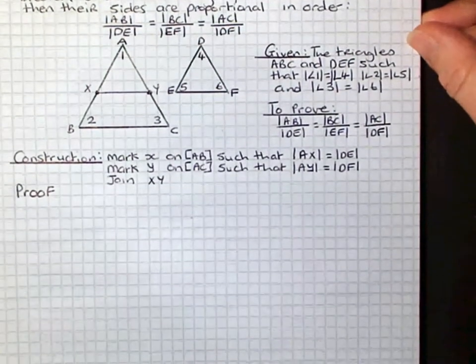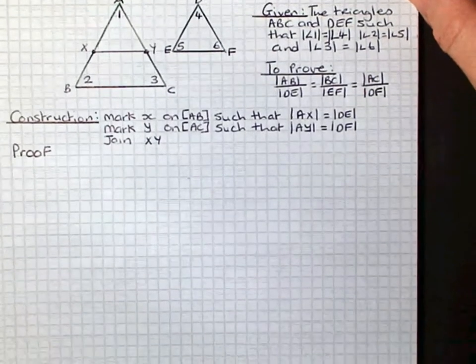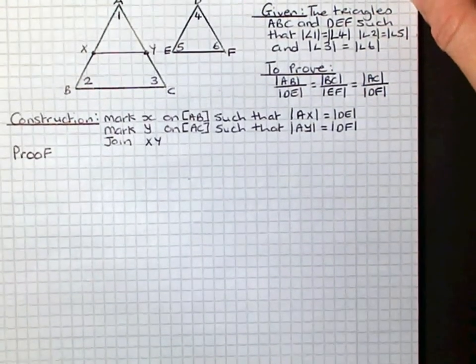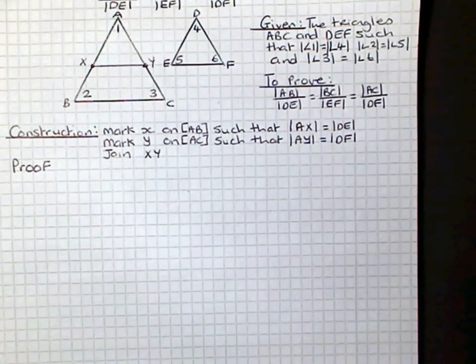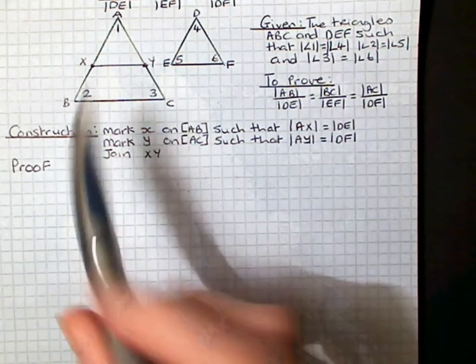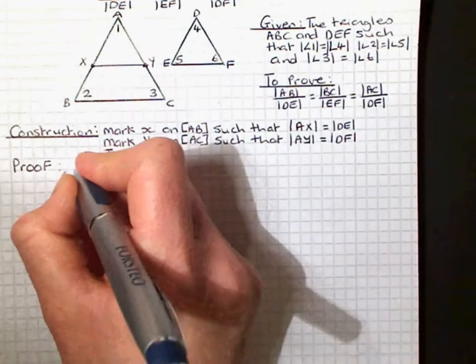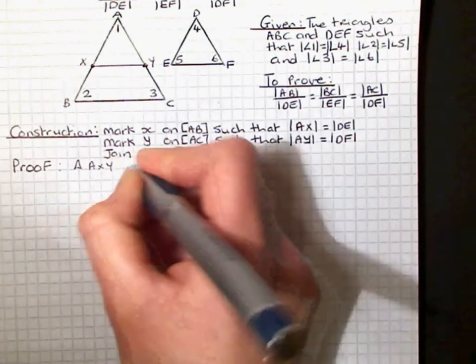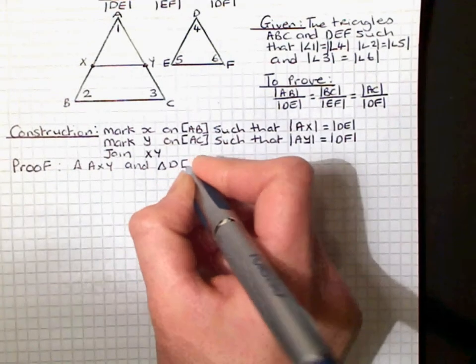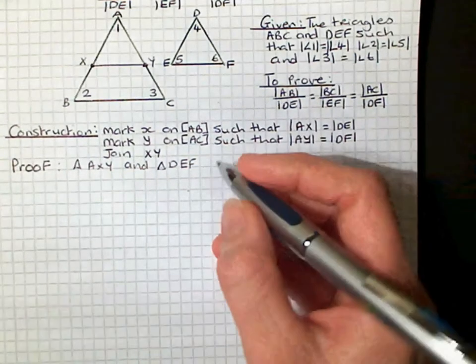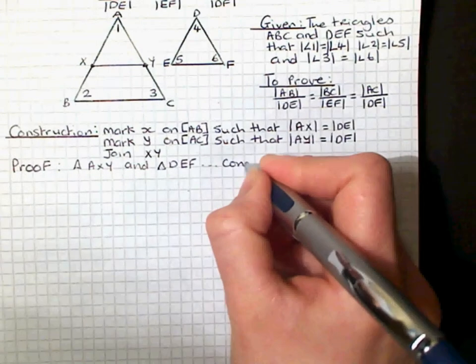Now, for the proof, the triangle AXY and the triangle DEF are congruent triangles.